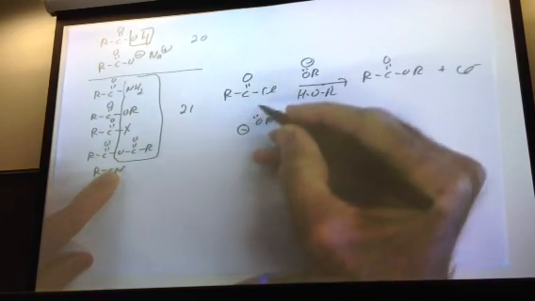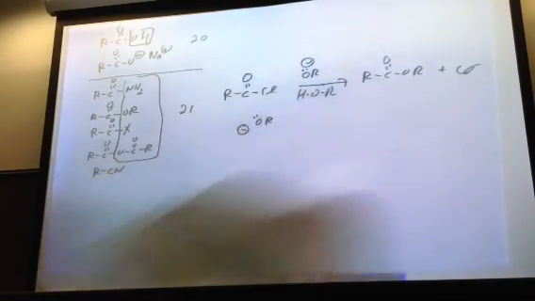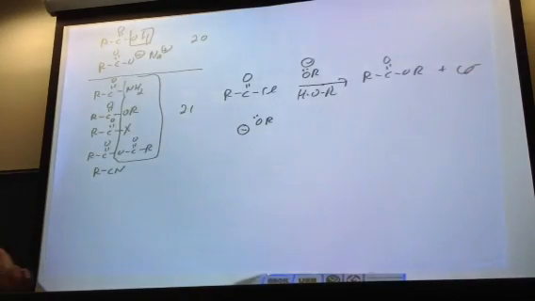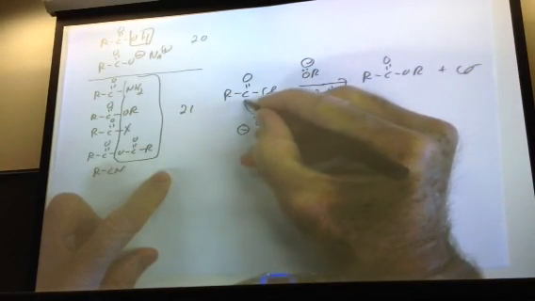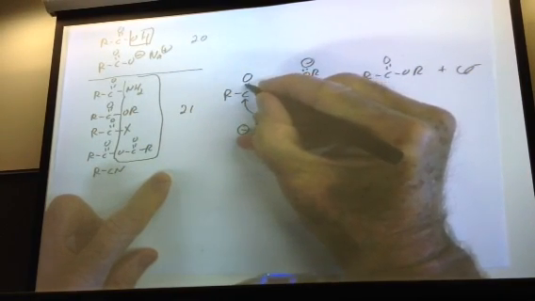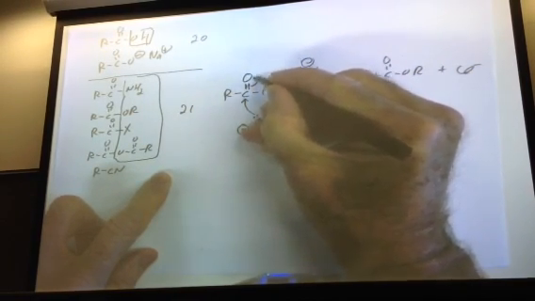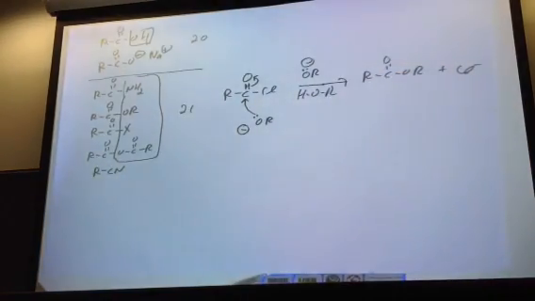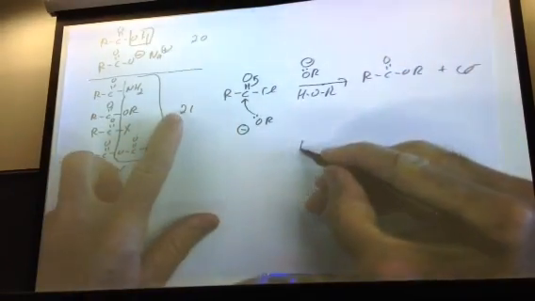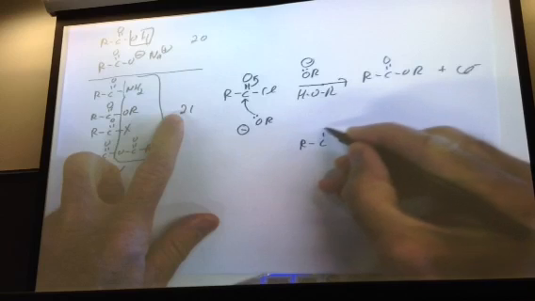Remember, arrows always originate from electrons. So, first step, we attack this carbon, and one of these electrons goes on the oxygen. So that'll be the first step. And after the attack, the substance looks like this.